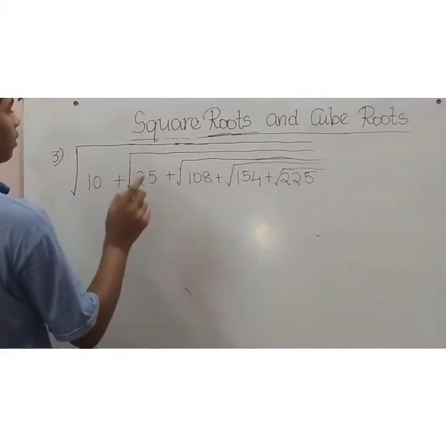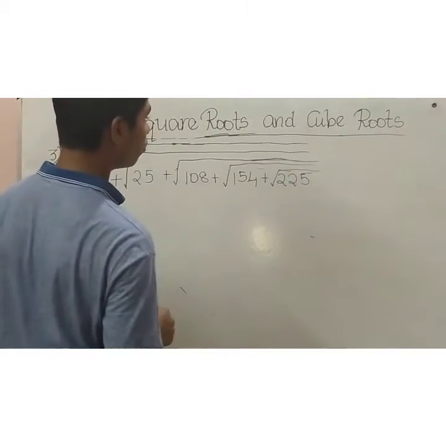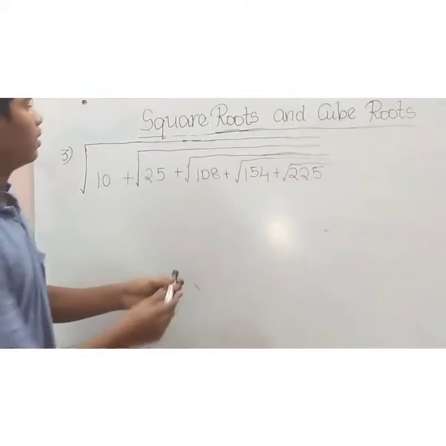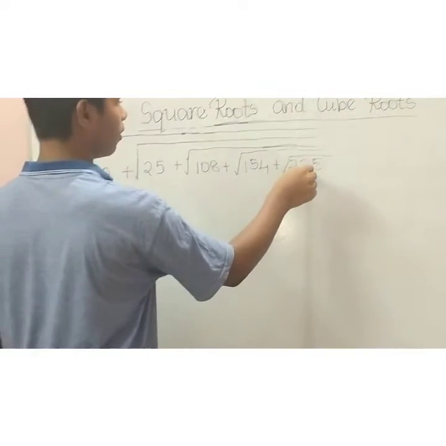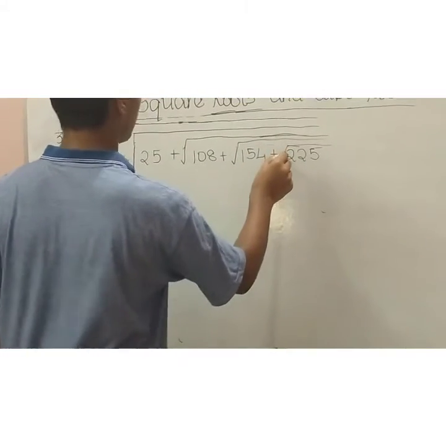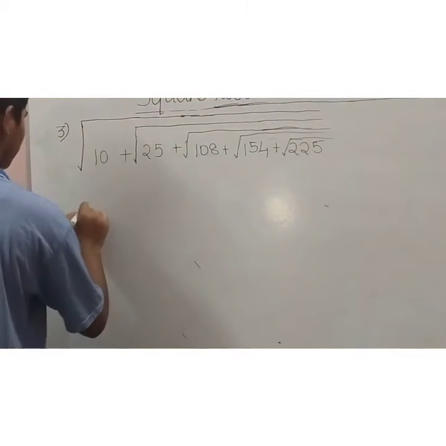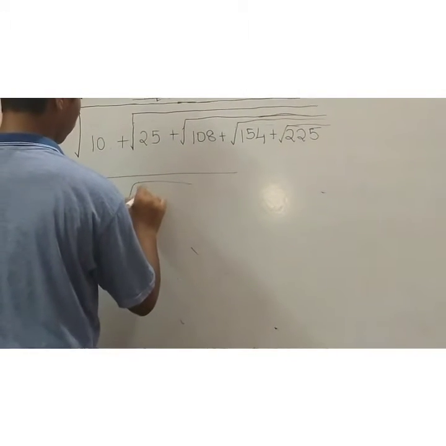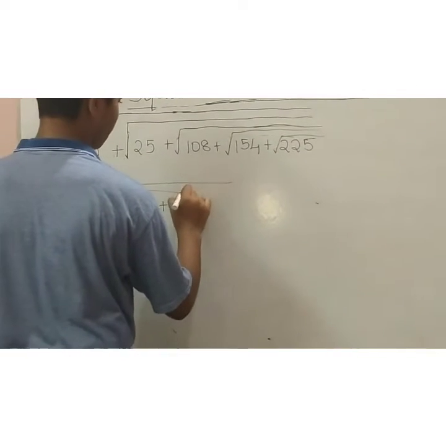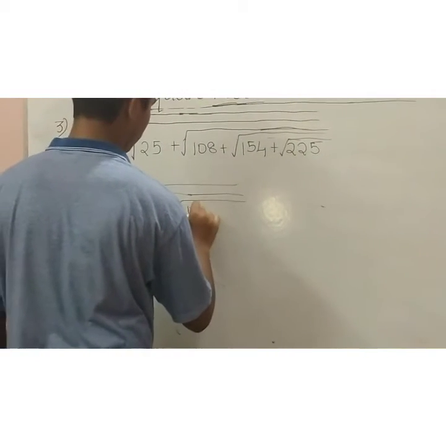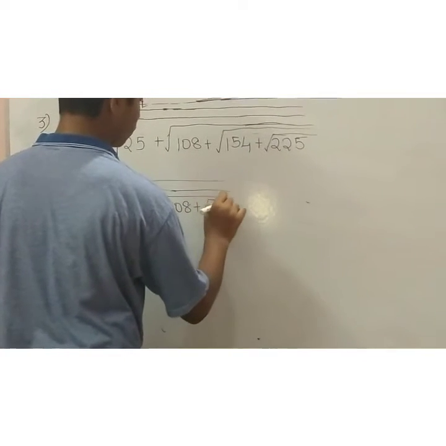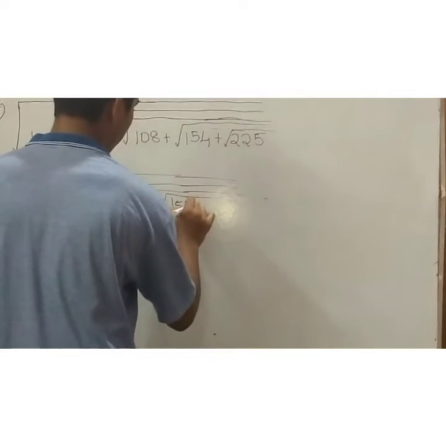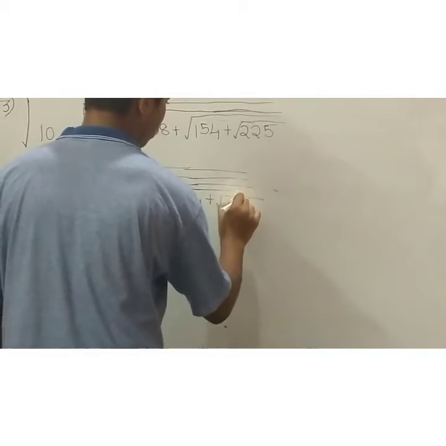Root of 10 plus root of 25 plus root of 108 plus root of 154 plus root of 225. This type of problem has to be done step by step, starting from the innermost root and adding the answer to the number before it.